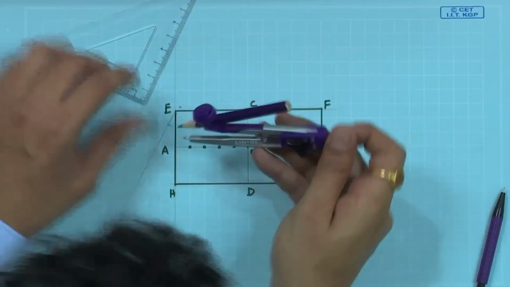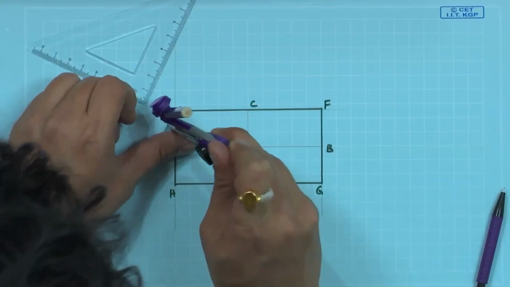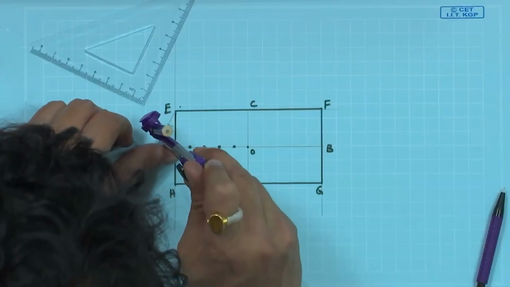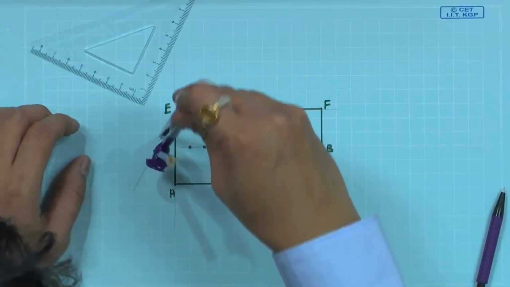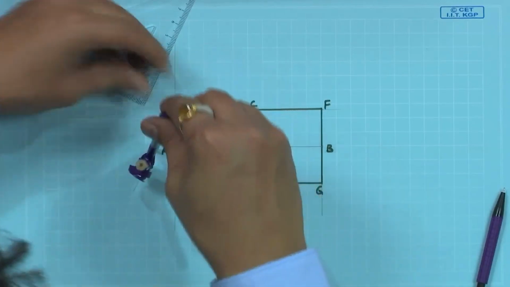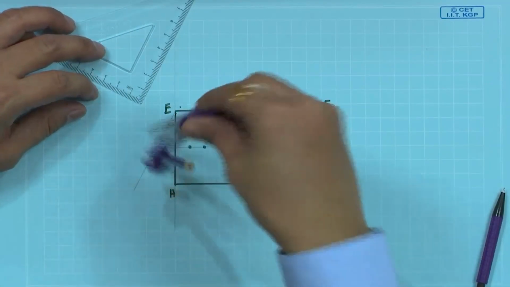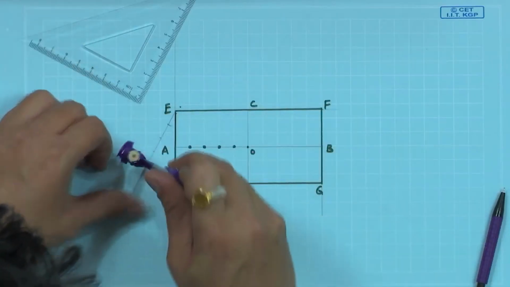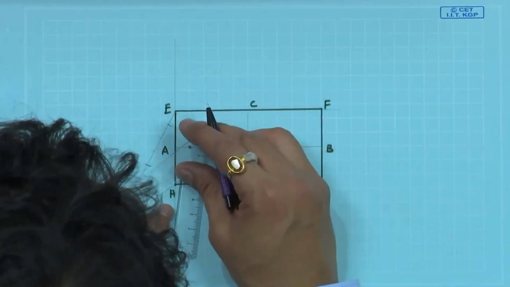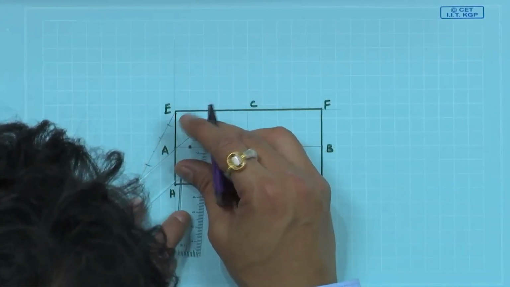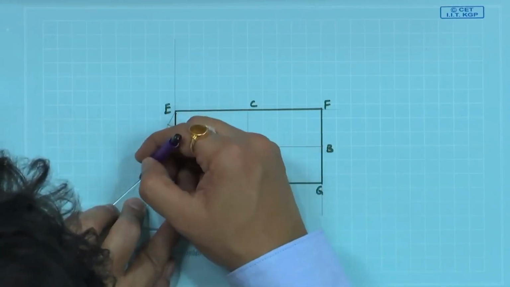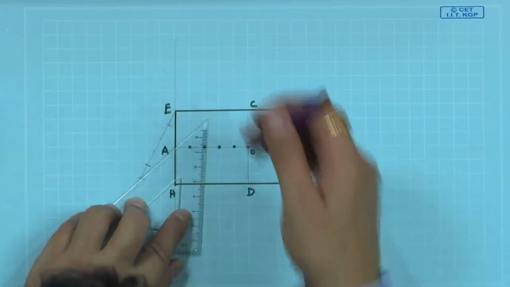Something like 1, from there 2, 3, 4, 5. Once it is done, join these divisions, and go parallel to that line.